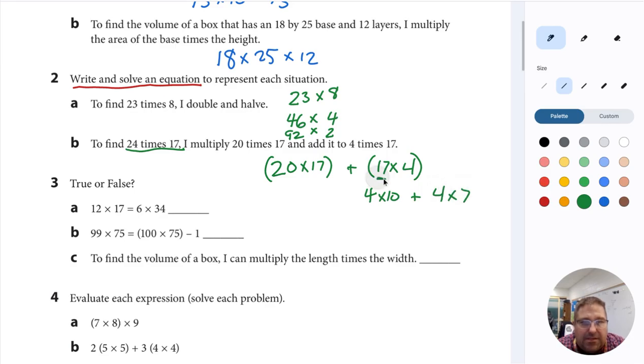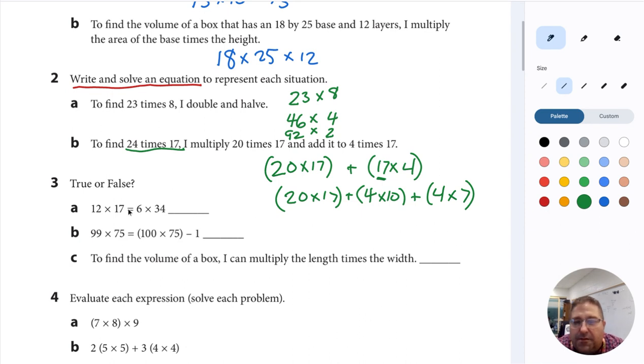So we could take that 17 and break it up into 10 plus 7. So we could break this up a little farther. And then this 20 times 17, we could just think of what's double 17 and then place my 0. So if we do these smaller parts, then we'll be good to go there.